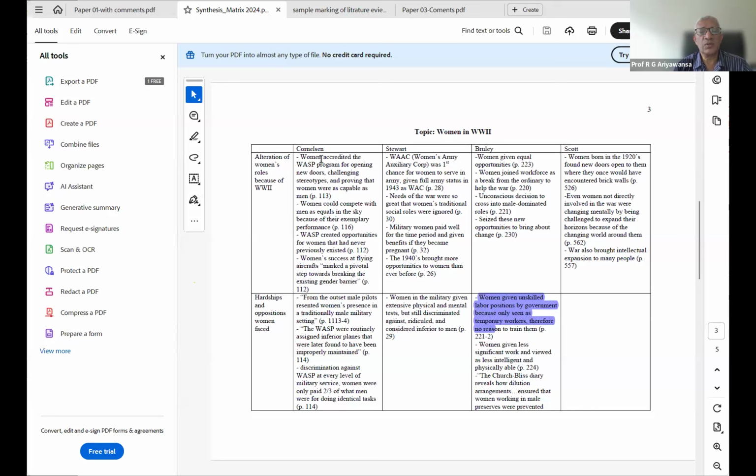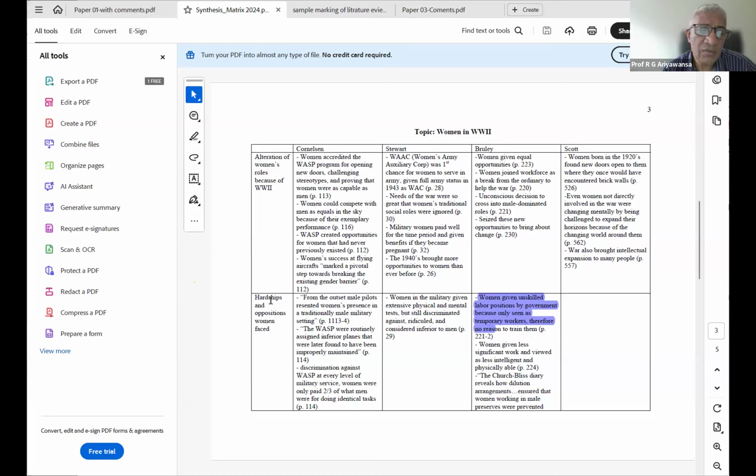Likewise, this author has pointed out very specific ideas, four specific ideas in different pages in this article. So these researchers have identified particular ideas from this author, some ideas from this author, and some ideas from this author. Likewise, clear?